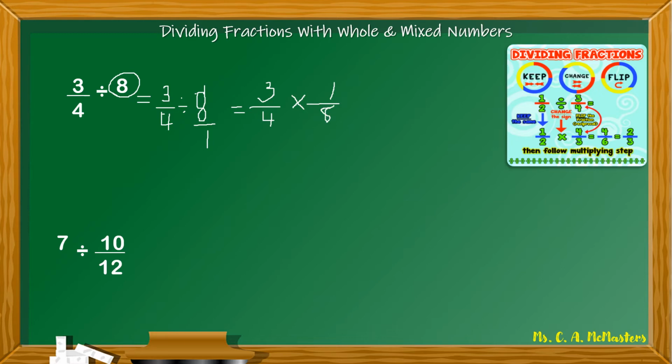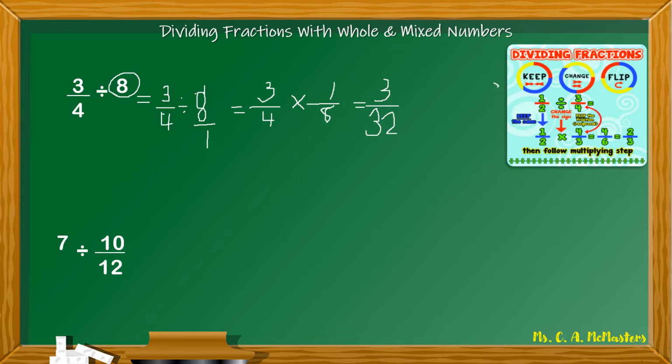At this point, we can check to see if there's anywhere we can simplify before multiplying. I don't see anywhere, so we're just going to follow the rules. Numerator times numerator, denominator times denominator. So this becomes 3 times 1, which is 3, over 4 times 8, which is 32.